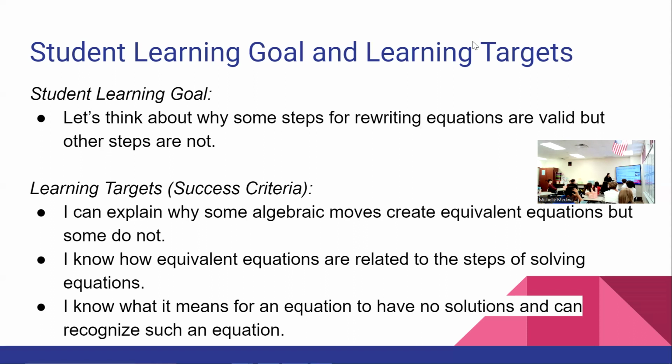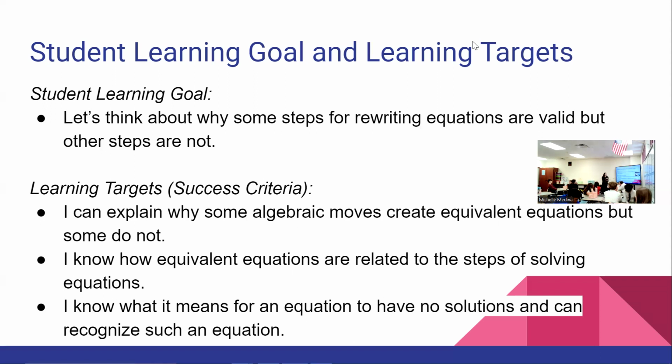You have to be able to identify when it's no solution and what that means. So when I say solve an equation, what am I asking you to tell me? Find the value of the variable that makes it true. So when there's no solution, what does that mean? That there is no value for the variable that will ever make it true.